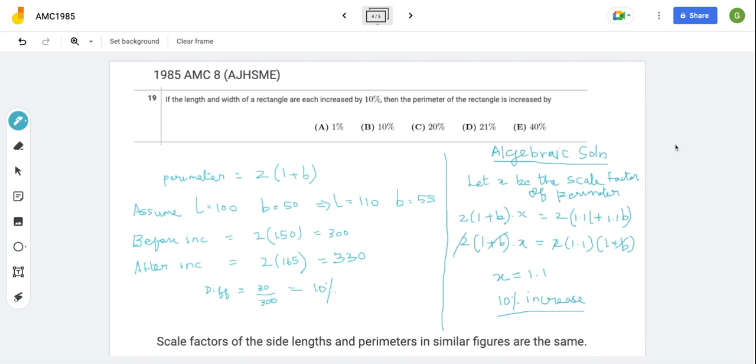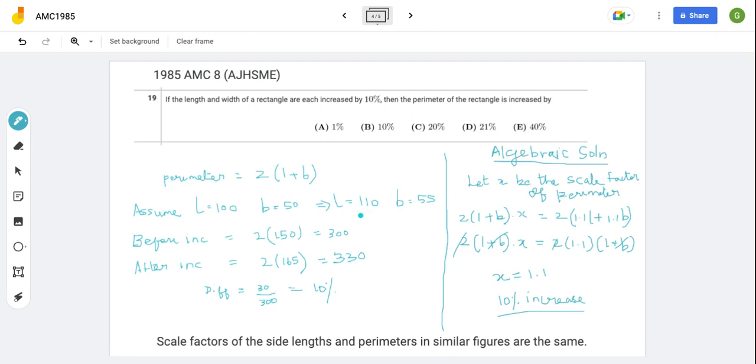And we will also learn by heart a small theorem, which is going to help you later in any polygon. So let's first take values for L and B. So if I say perimeter formula 2 into length plus breadth, I'm going to assume length as 100 and breadth as 50.